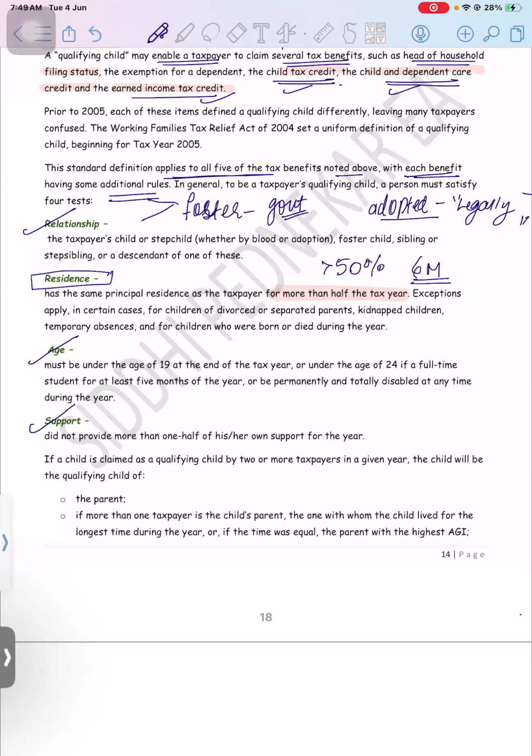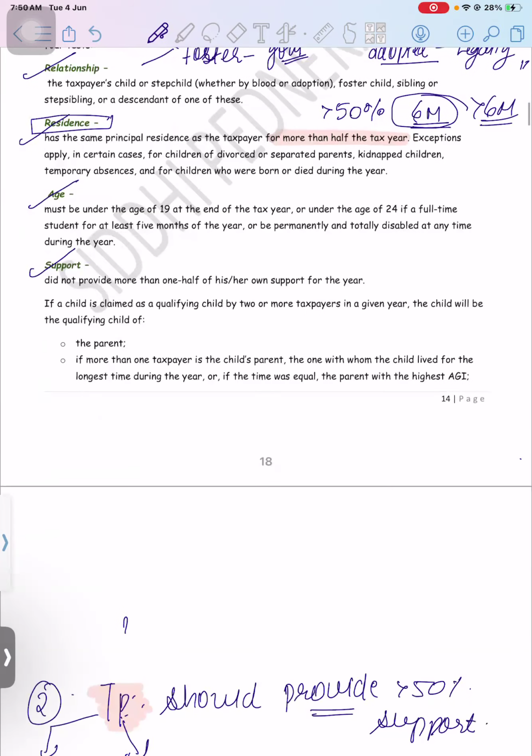You just have to count for how many days the child is living with the taxpayer, in and out days, how many days he is actually living in that house. If it is exactly 6 months, then also he is not allowed. It has to be more than 6 months, more than half of the year. So relationship test, age test, support test, and residency test are clear.